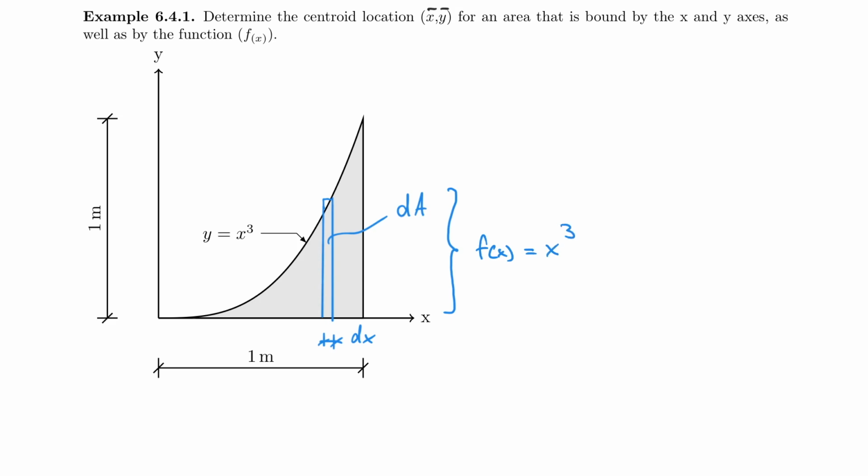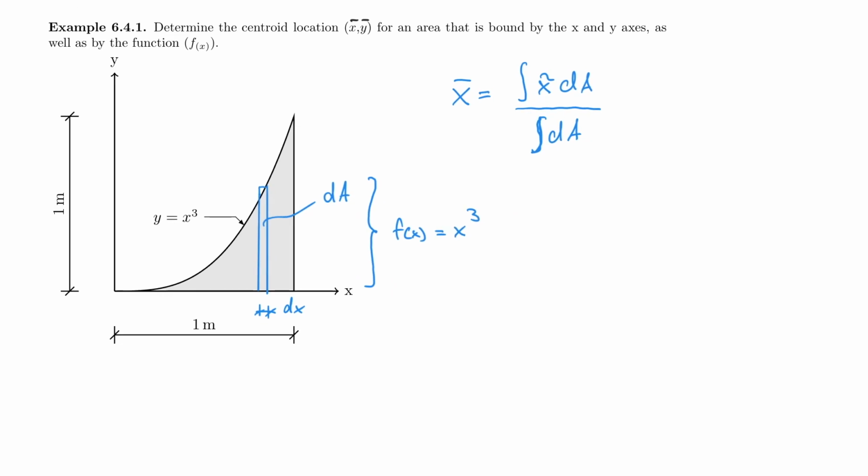And so remember that our formula was x bar is equal to the integration of x tilde dA divided by the integration of dA. So now what do I have to do? I have to fulfill those criteria here. And I already found that dA, where do I write it here? dA is equal to x cubed dx.